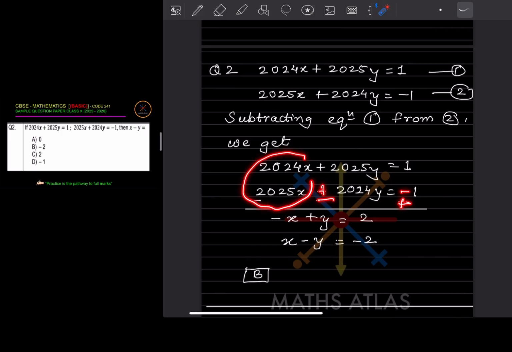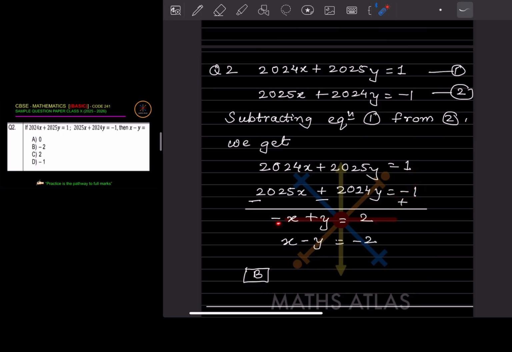Now let us see the new signs. This is going to be minus 2025 and here 2024x. So this is 25 minus 24, which is just minus x. Now this is plus, so it becomes minus. We take the new sign: plus 2025 and minus 2024y, so this becomes plus y, and the new sign is plus 1, which is going to be 2.